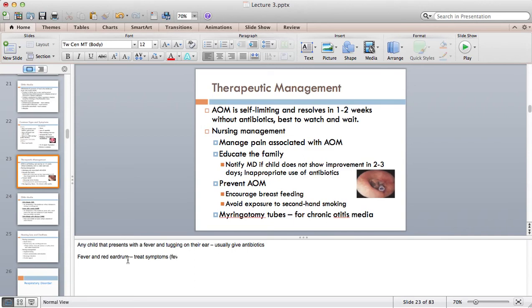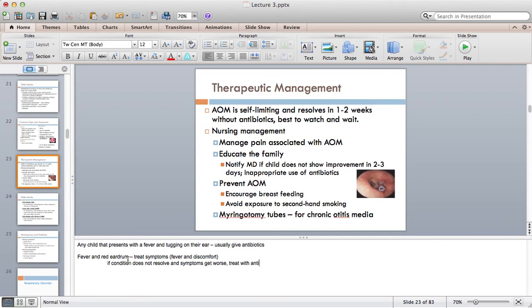Most of the time the condition resolves itself, but if the child continues to get sicker, then they have to treat with antibiotics. But the first line treatment is watch and wait.